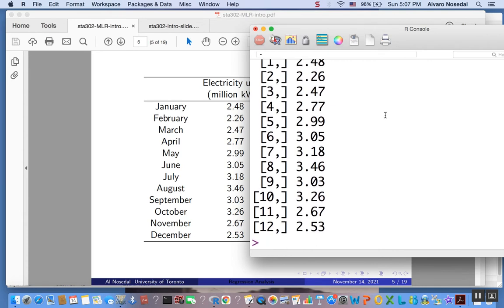Double checking. Okay, now let's create the design matrix using R. Let me call that first column of our design matrix 1. And what I'm going to be doing is I'm going to be repeating the value 1 12 times because, you know, we need 12 rows. Okay.